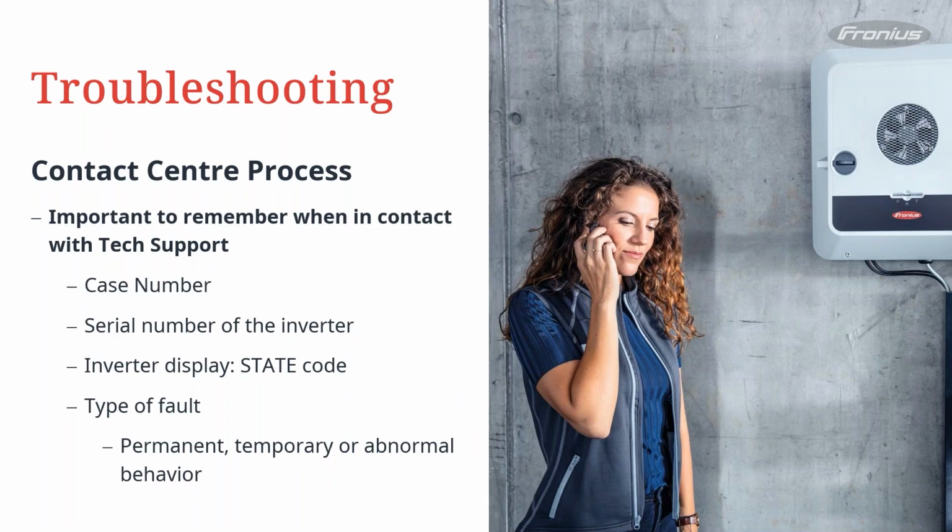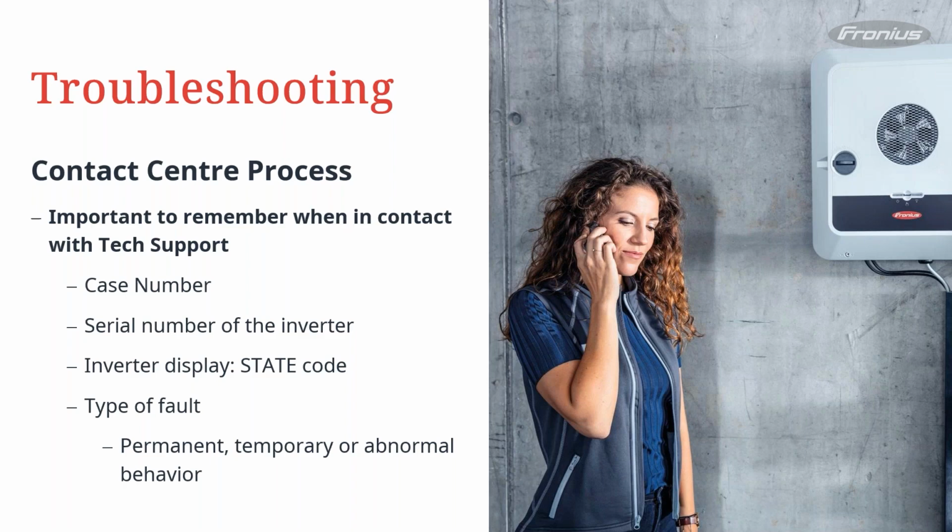The typical way is, when you contact our tech support, please make sure that you have a case reference number. It could be for a case that you raised via SOS, or over the phone, or via email.